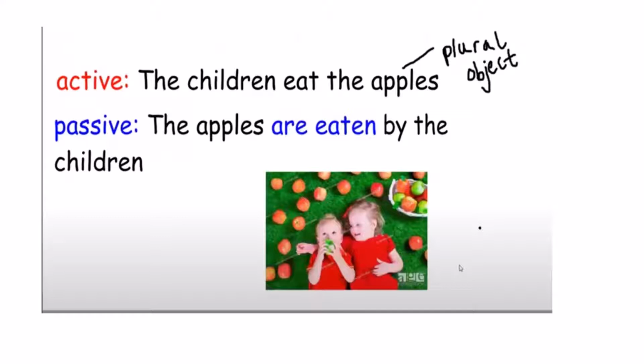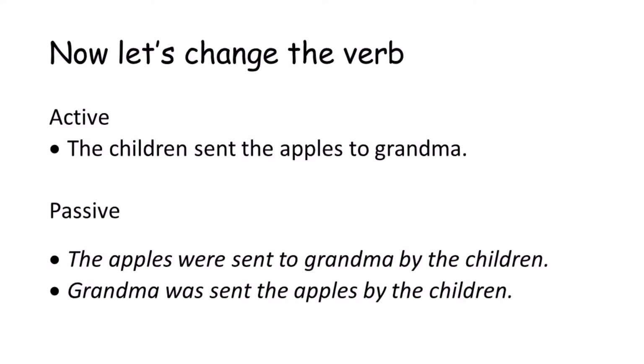Now, there are some verbs that lend themselves to having an object, a direct object, obviously, but also an indirect object. So listen to this one. The children sent the apples to Grandma. Okay, so you've got the children who are the subject, you've got the apples, and they're going to Grandma.